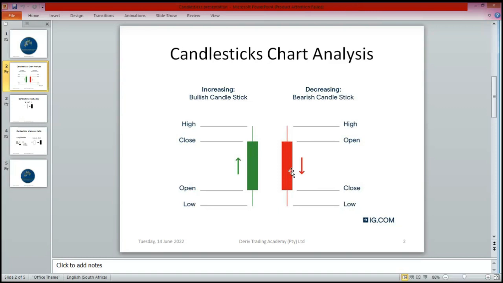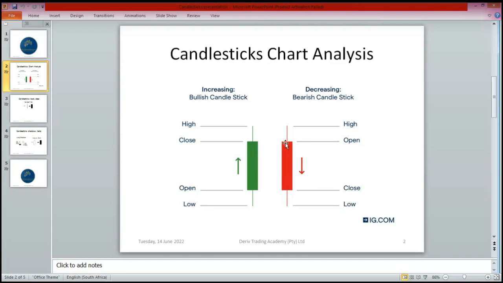Whatever time frame you are on, that candlestick is for that particular time frame. With this red candlestick, where's our open?